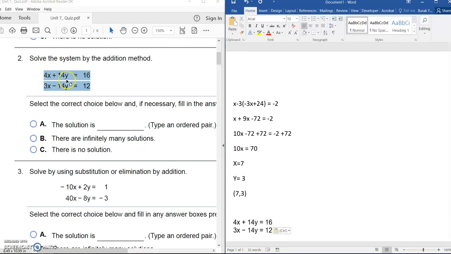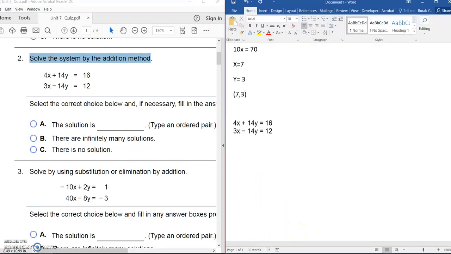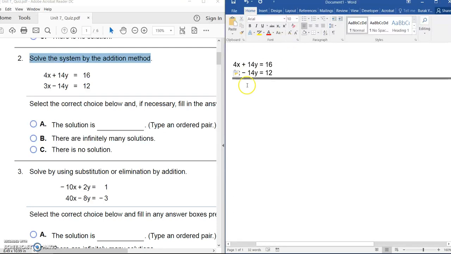Alright, the second question is another system of linear equations, and it says solve by the addition method. So that means, and I copy these equations here, so what we're going to do is add these side by side. So if I add these side by side, so what I get here is 4x plus 3x, which makes 7x.